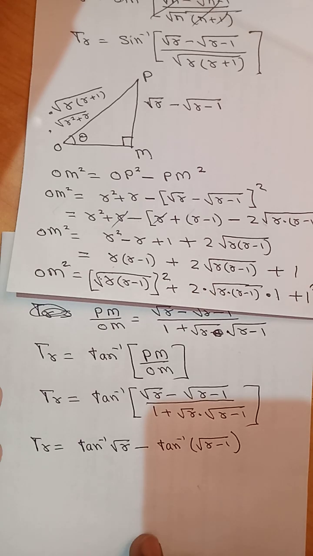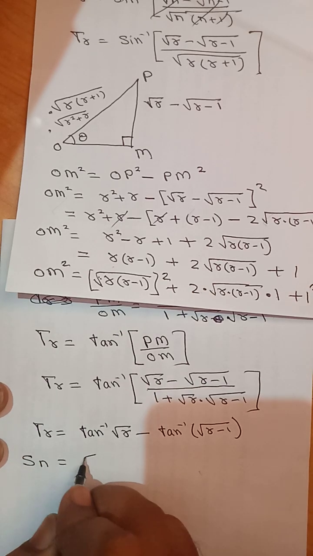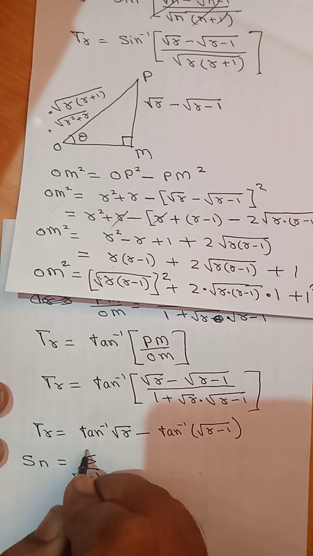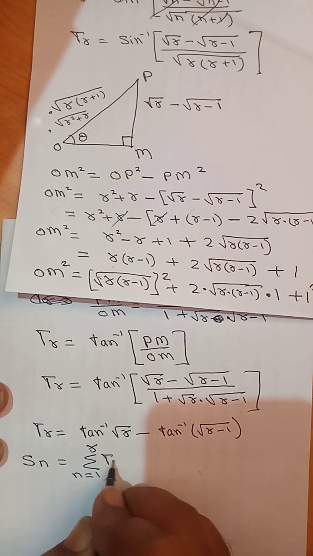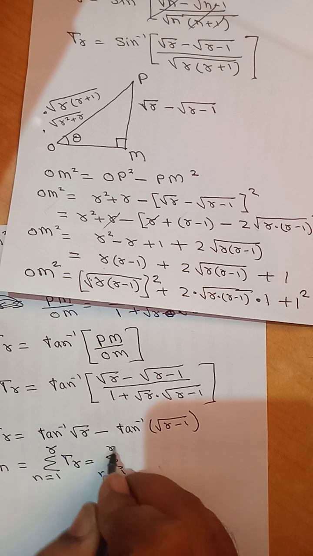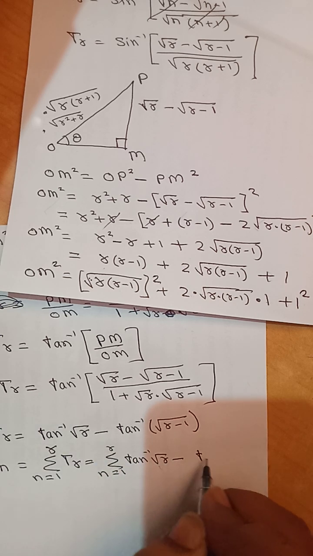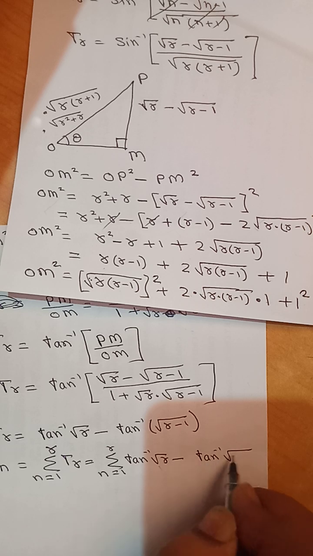Now S_n is equal to the sum from R equal to 1 to n of T_R, which is the sum of tan inverse of root R minus tan inverse of root R minus 1.